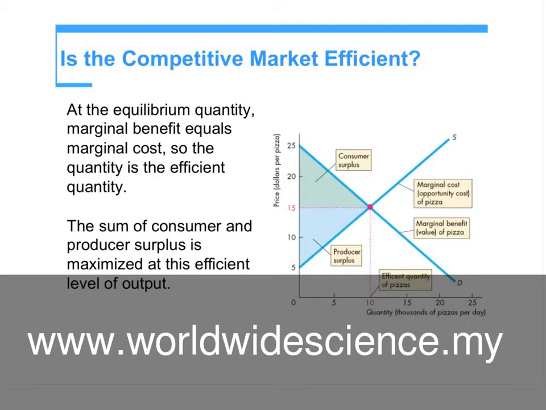But as you can see, on the left-hand side, we had the consumer surplus before and producer surplus before the red dot.